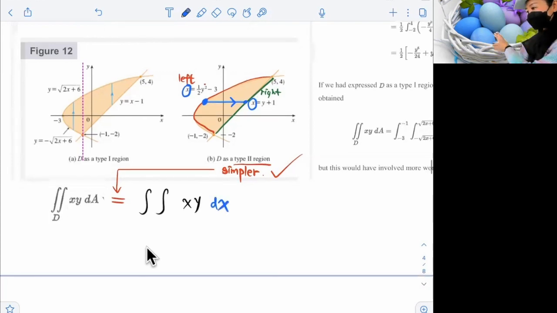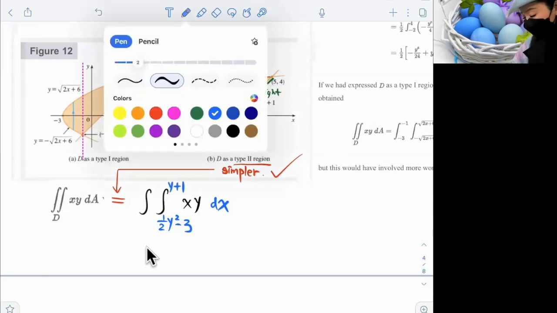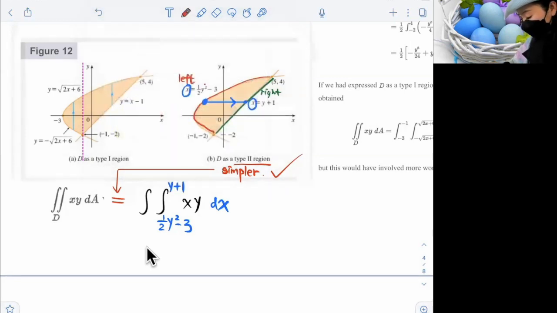Left to right, right? So this is 1/2 y squared minus 3, and then all the way to what? Y plus 1. And then we have this dy. Y go from what to what? -2 to 4.